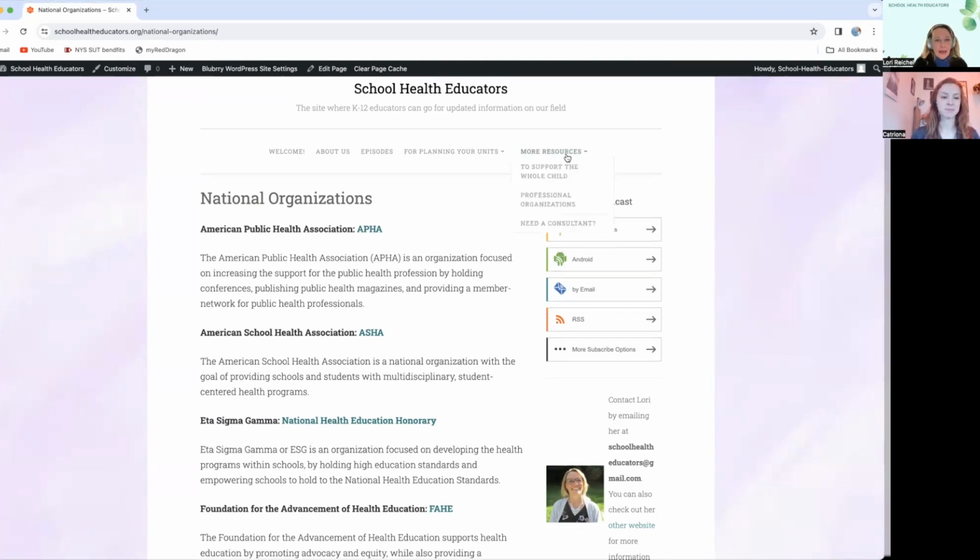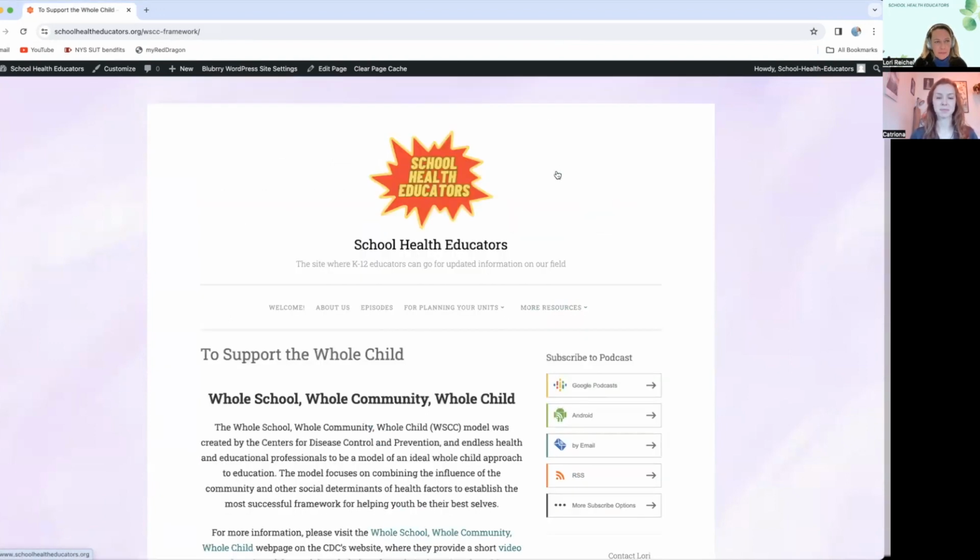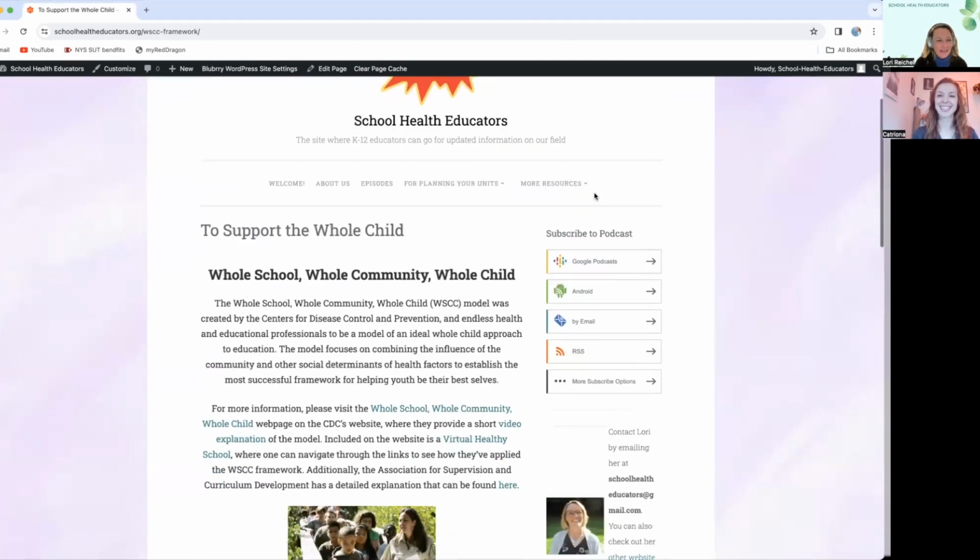Absolutely. The other mini page, even though it's not a mini page at all, that Catriona created, is about the WSCC framework, the whole school, whole community, whole child.